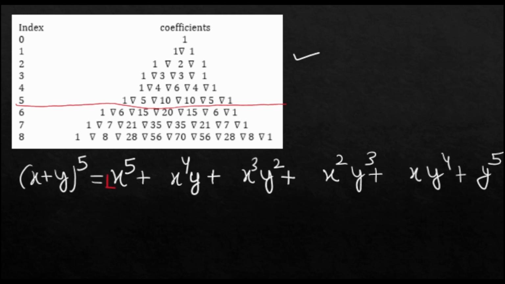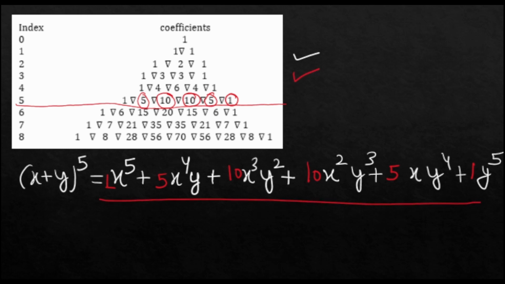Starting with 1, and then what do we have? 5, I will write 5. Then 10, I will write 10. Then again 10, I will write 10. Then 5, I will write 5, and then 1. That's how we use Pascal's triangle to write the coefficients.